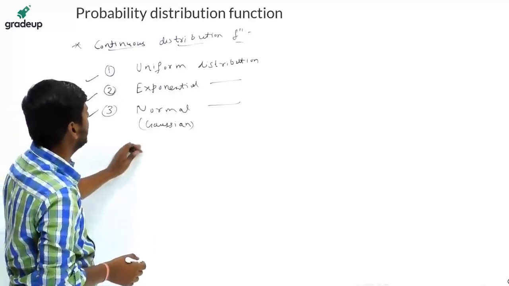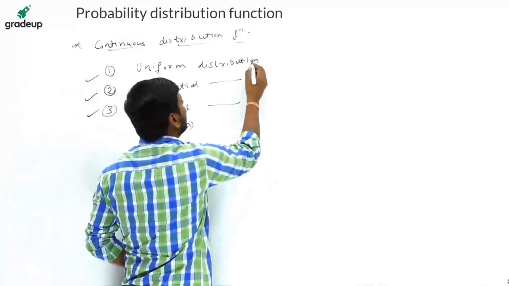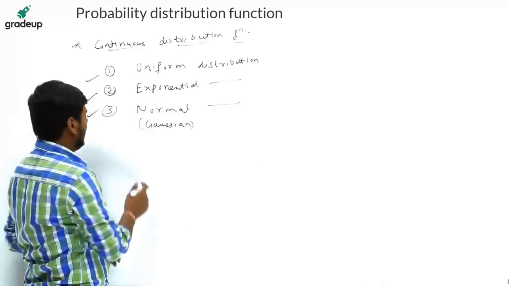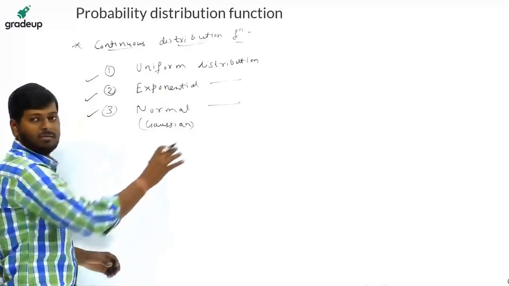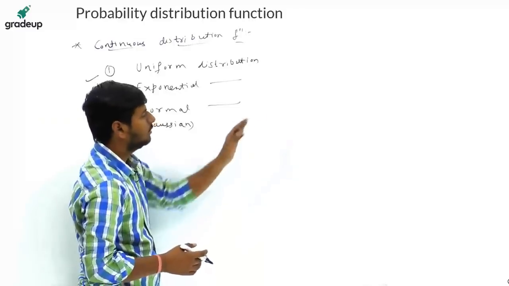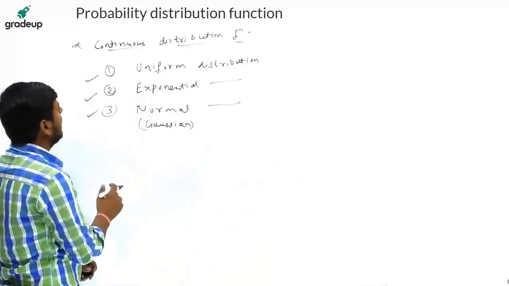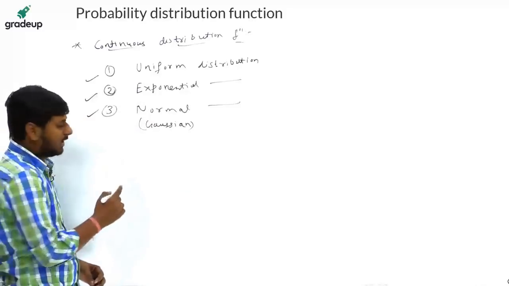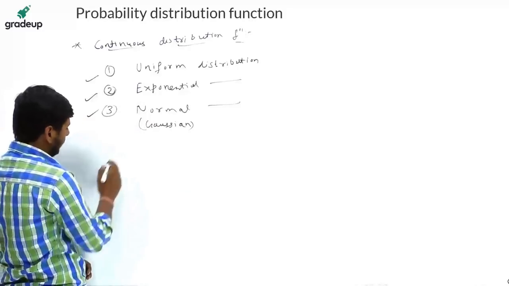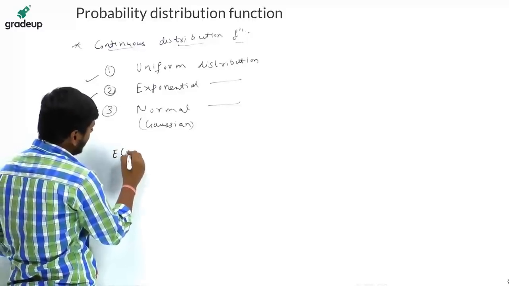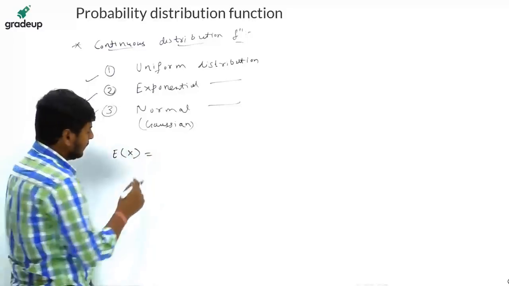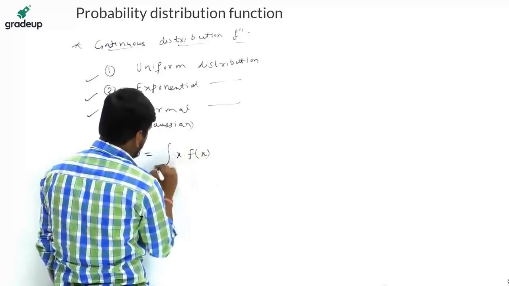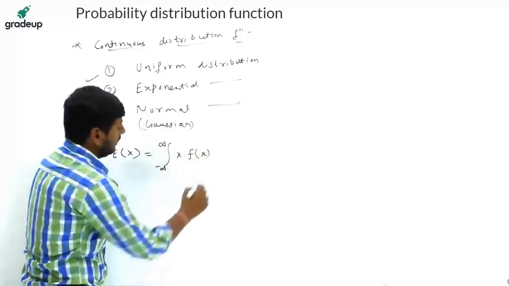But before seeing these three distributions, we will see directly one question on continuous distribution functions. I will tell you the question after this slide. But what will the question be about? I have told you the properties of the continuous distribution function, and the mean of a continuous distribution function is the integral of x into f(x) from minus infinity to infinity.